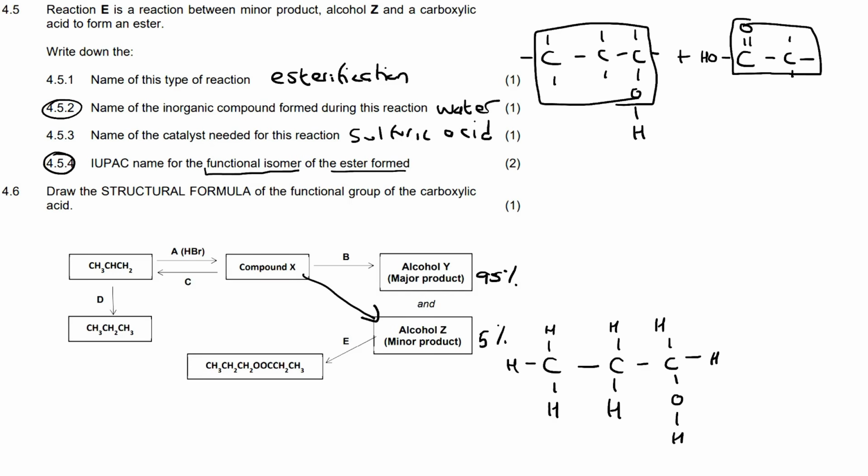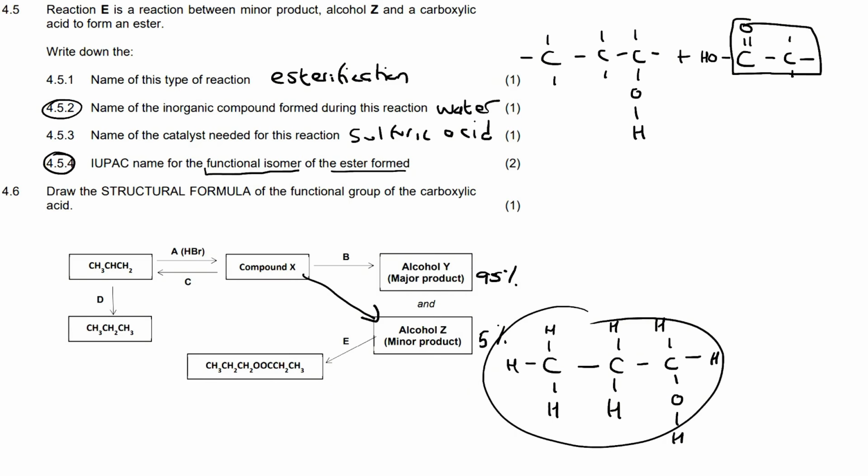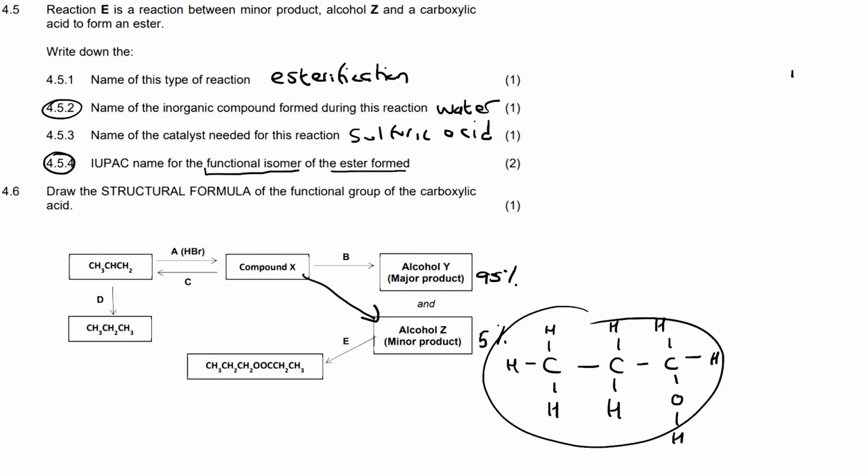So we know we've got this molecule. In the product, we can see there are 1, 2, 3, 4, 5, 6 carbons.